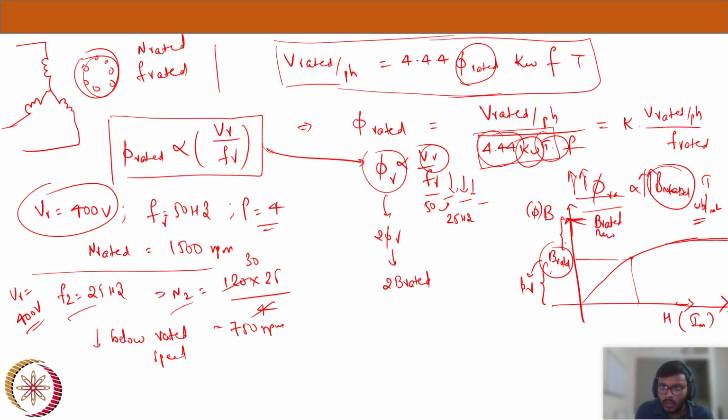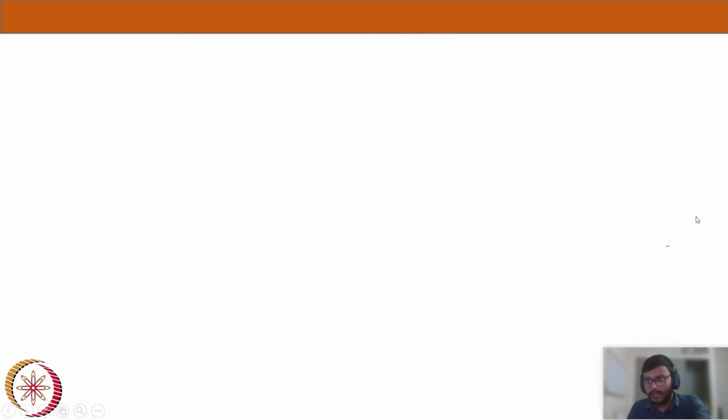B rated new. Now what is the current for it? You don't know where the current is. For a small increment in the flux, you can see there is a large requirement of magnetizing current. You have to keep on going along the curve to get that kind of B rated.